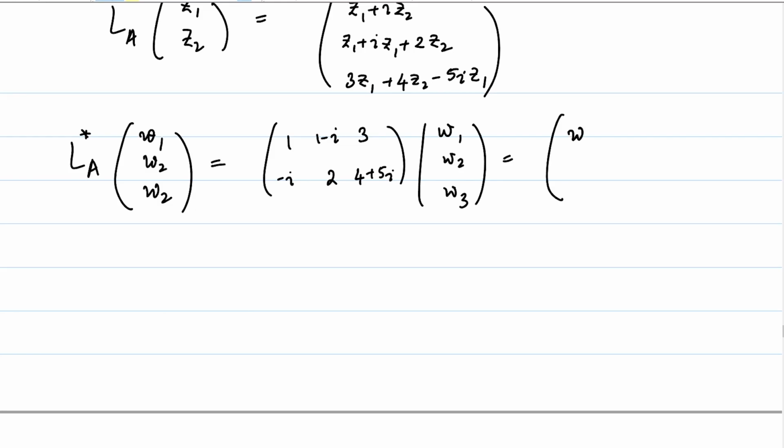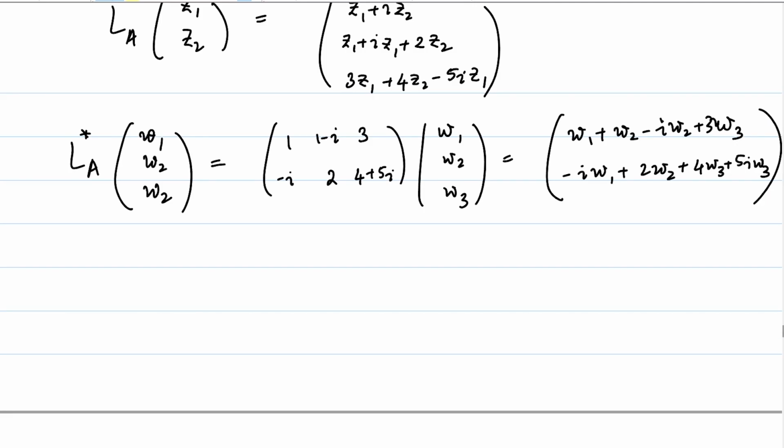This is just going to be w1 plus w2 minus i w2 plus w3, and below it will be minus i times w1 plus 2 w2 plus 4 w3 plus 5i w3. This is going to be the adjoint of it.